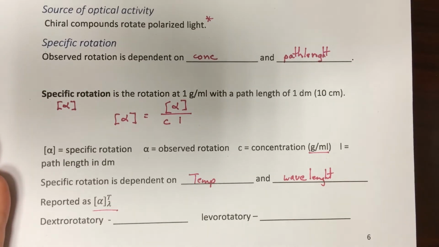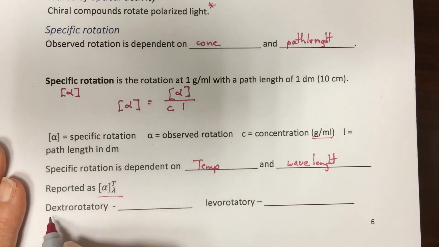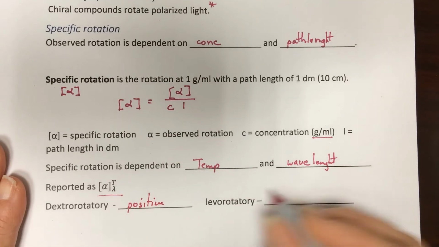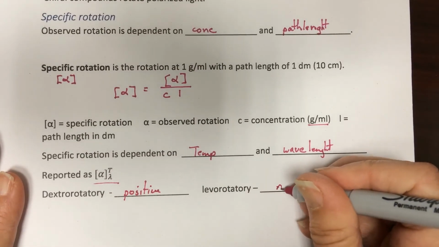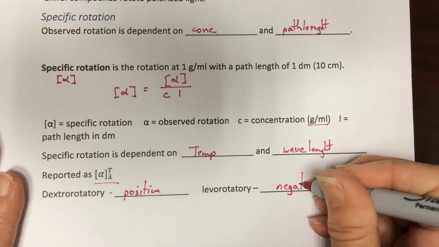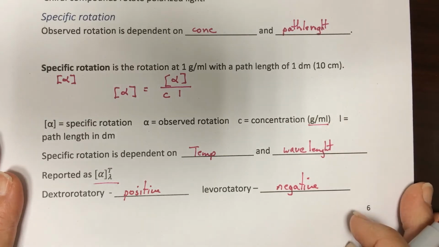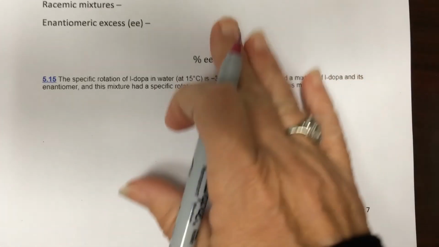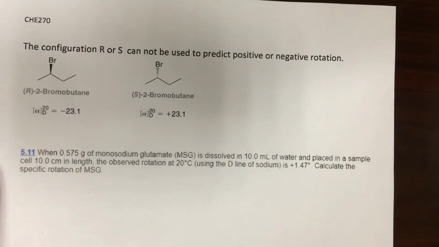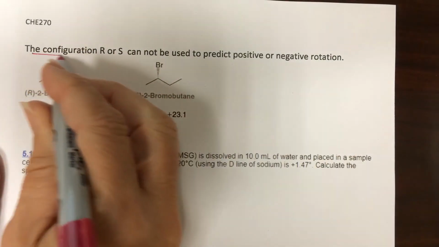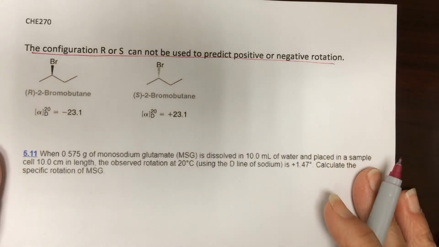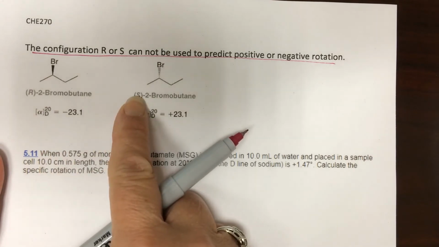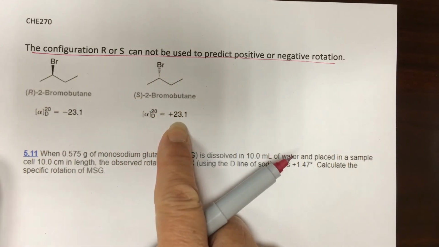Light can be rotated to the right, which is the positive direction, or to the left, which is the negative direction. You cannot use the R and S configurations to predict whether the rotation will be positive or negative. It would be nice if you could do that, but you can't. Here, R-2-bromobutane is negative, and S-2-bromobutane is positive.